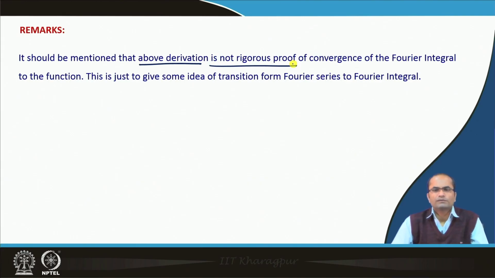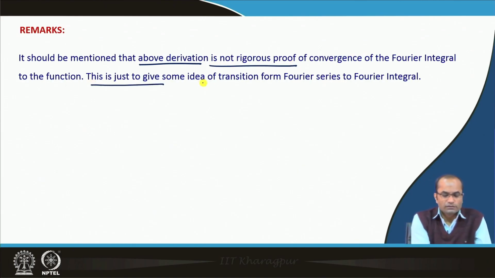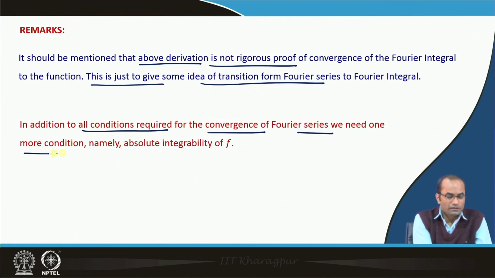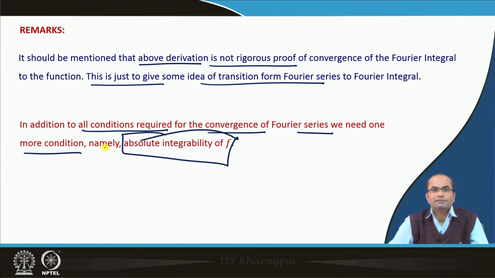It was just to give you the idea of how this transition takes place from the Fourier series to the Fourier transform. In addition to all conditions required for the convergence of the Fourier series, we have also included the absolute integrability of f, because with this absolute integrability we were able to set the first term to 0 when L approaches infinity.